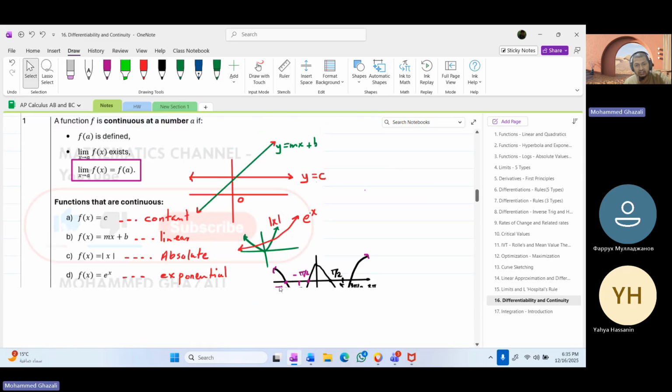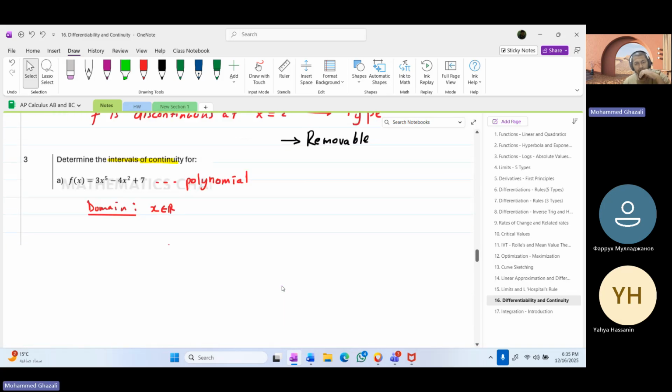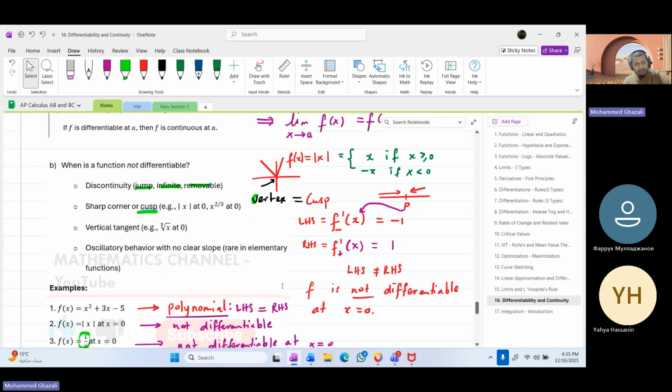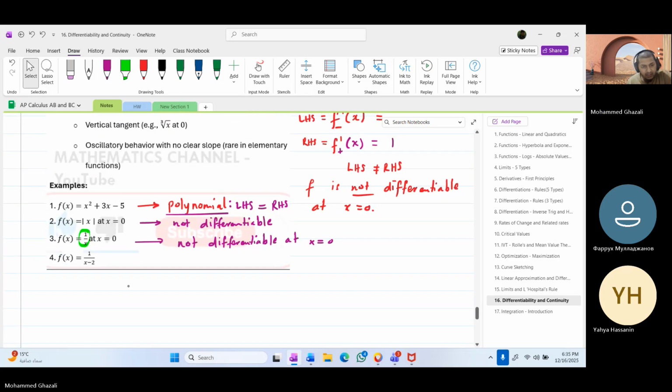Just using a double negative. All right, so anyways, let's go back down. This function is not continuous, so it's not differentiable. Look at this. 1 over x is not continuous at 0. We proved that. So it's not differentiable at x is equal to 0. What about this one here?